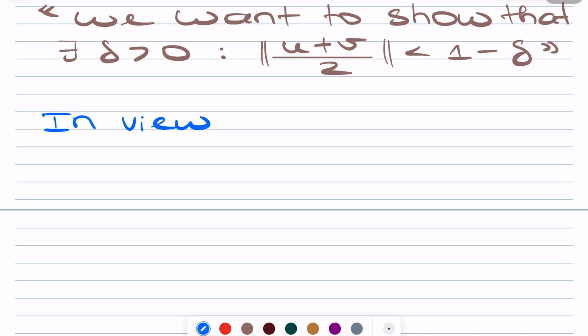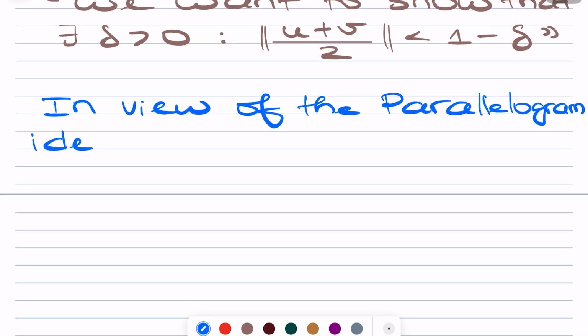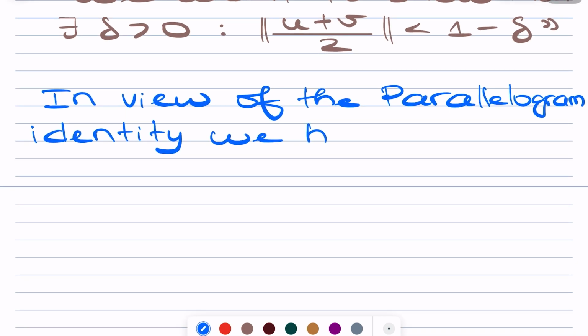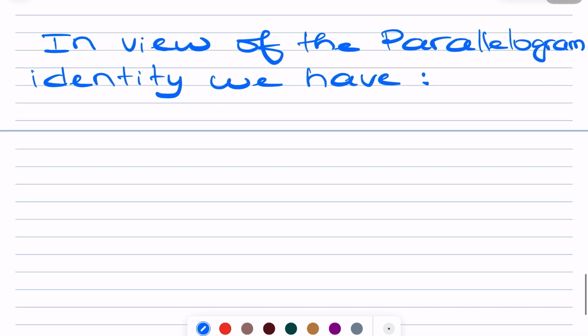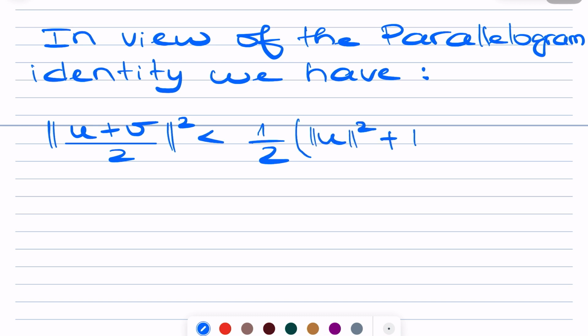So in view of the parallelogram identity, we have the norm of (u plus v) over 2 squared is strictly less than 1 over 2 of the norm of u squared plus the norm of v squared.